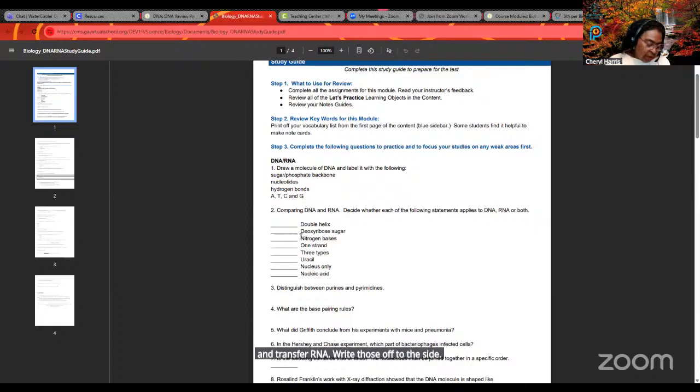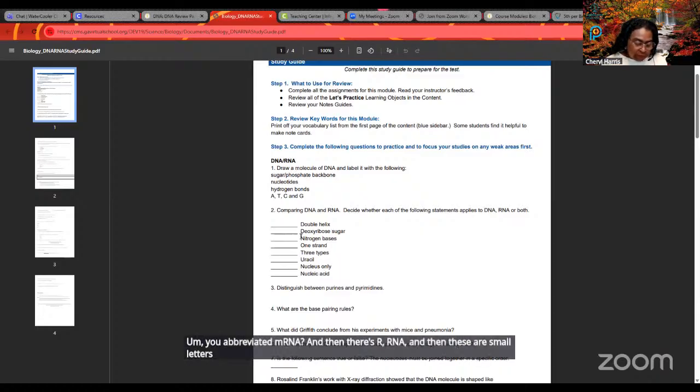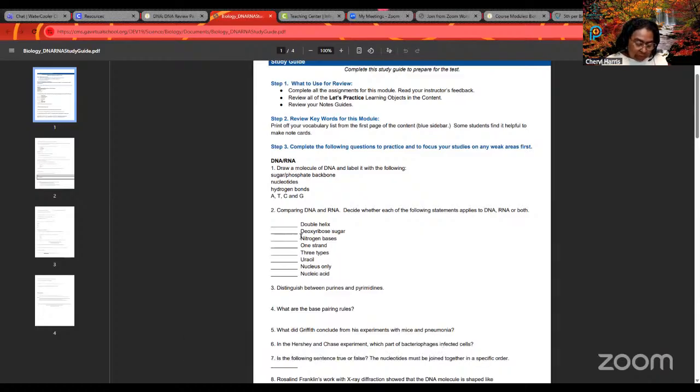So write RNA on the line, but then off to the side, I want you to write down mRNA, and then there's rRNA, with a lowercase r and then a big R, and then tRNA, which is transfer RNA. So write those off to the side. There's three types of RNA.